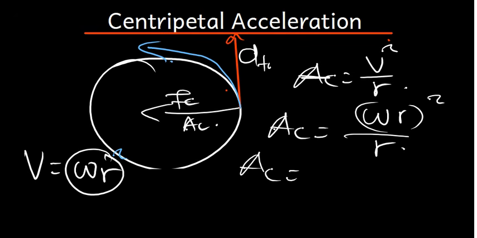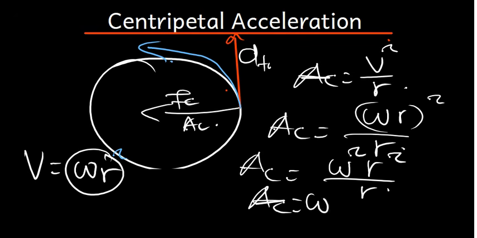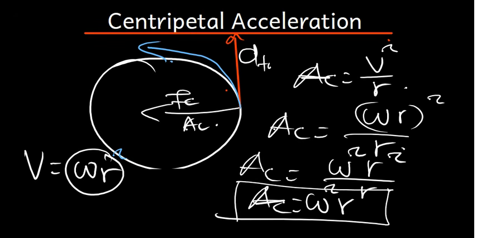This is going to give me ω squared r squared divided by r. I can cancel one r, and it's going to be ω squared times r. So this is another formula for centripetal acceleration. At the same time we can also talk about the frequency, but we're going to talk about that later. So we have just to get this for now. So this is what we need to know under centripetal acceleration and the tangential acceleration.